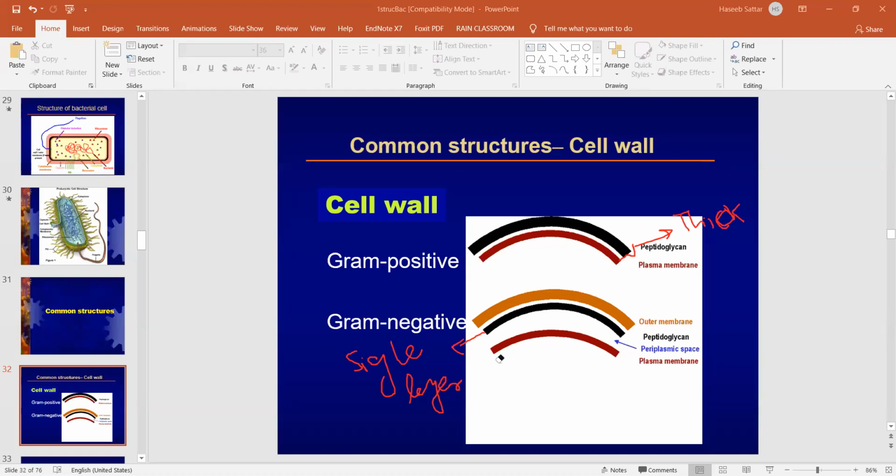The space between the outer membrane, the cell wall and the cell membrane of a gram negative bacteria is known as the periplasmic space. Clinically it is important because certain enzymes, especially the beta lactamase enzyme, are produced and stored here, and this beta lactamase enzyme provides resistance against certain antibiotics. We will discuss it later.